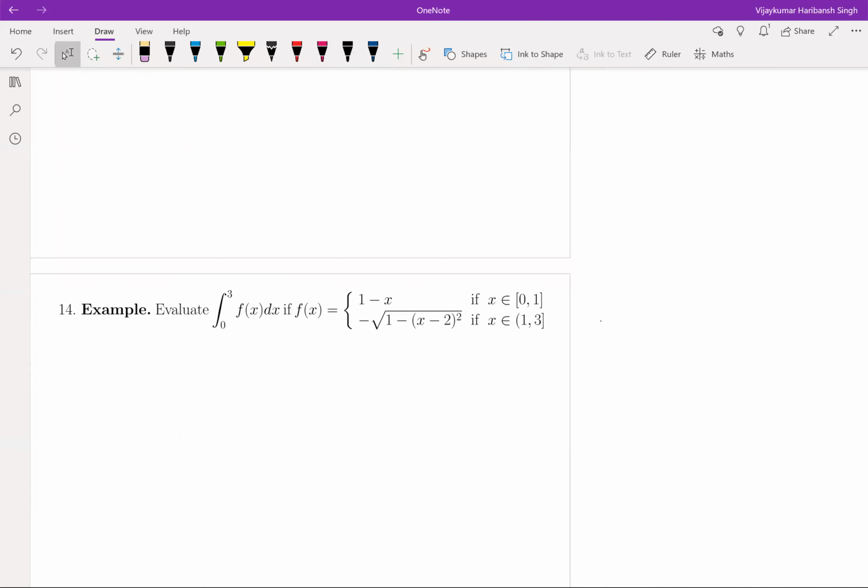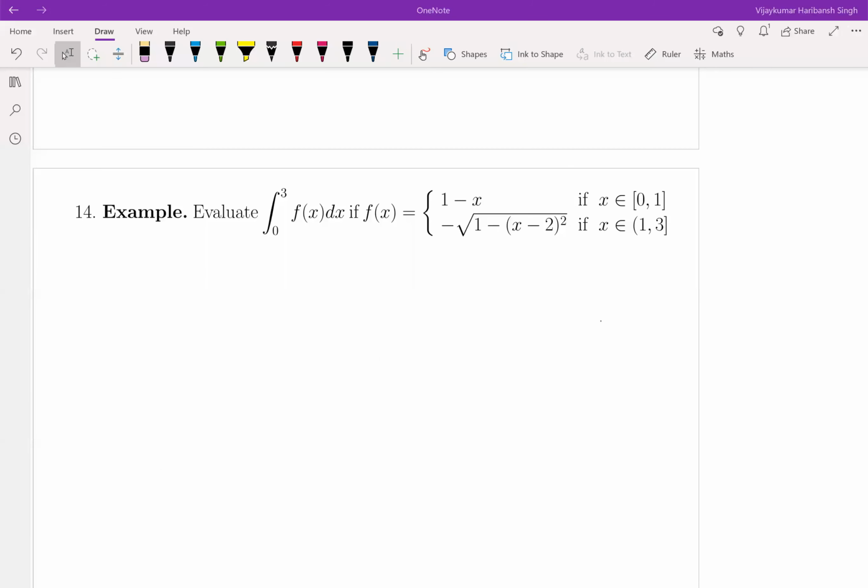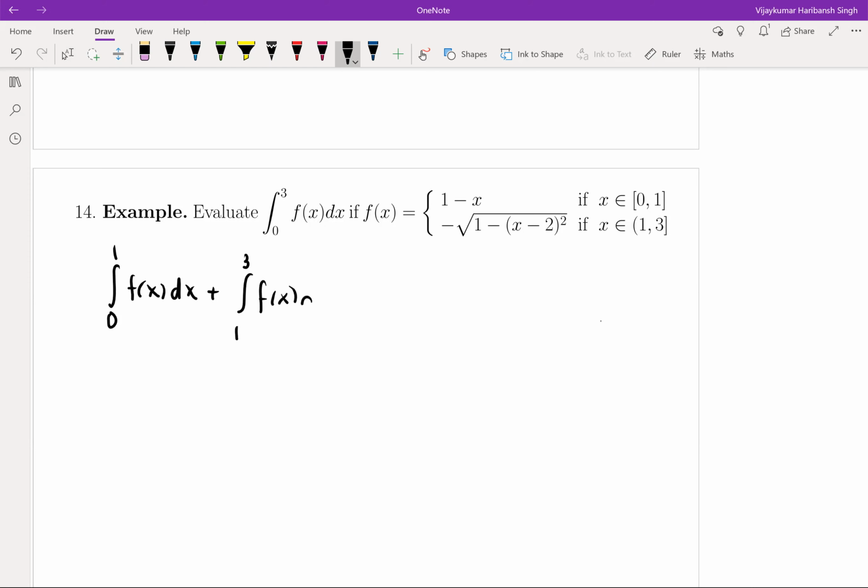Now, can you do this problem, please? You can break it into two parts. The integral from 0 to 1 of f(x) dx plus the integral from 1 to 3 of f(x) dx.